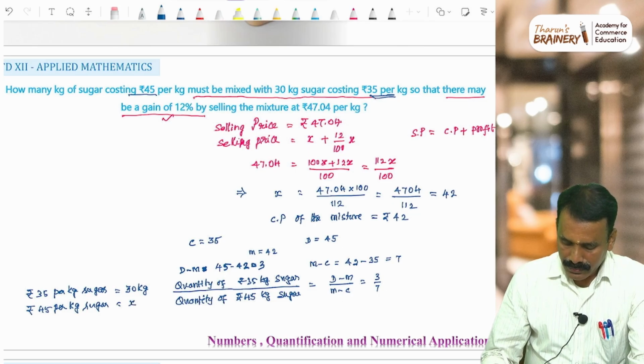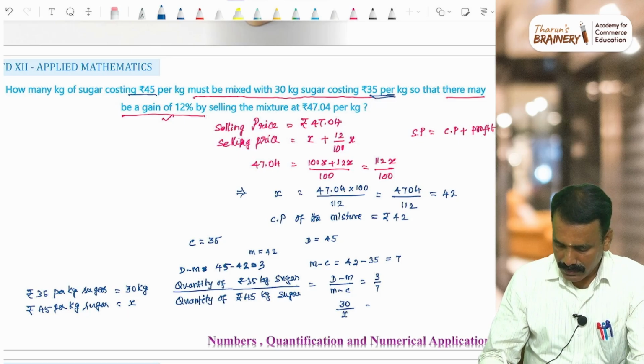Using the ratio, 30 kg divided by x is equal to 3 by 7, which implies 3x is equal to 210.